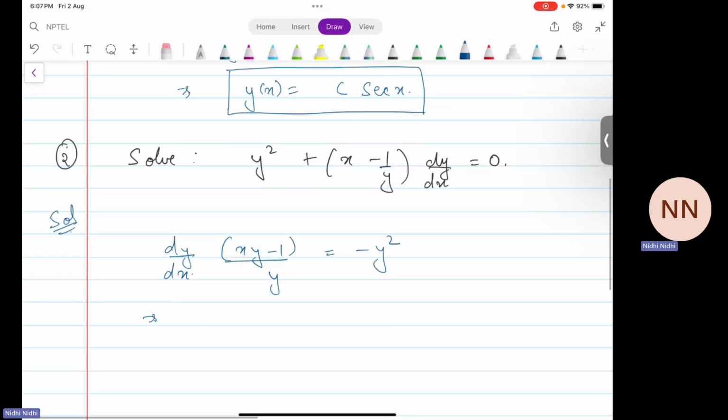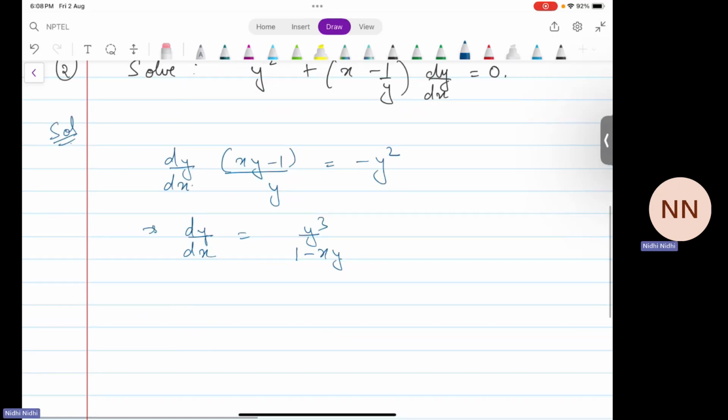This gives us dy by dx is equal to y cube upon 1 minus xy, which gives us dx by dy is equal to 1 minus xy by y cube.